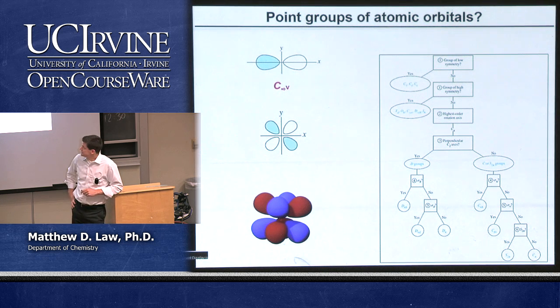What about the d orbital here? So this is an object, right, with 4 lobes of alternating sign, right? This could be positive and that's negative, so this is positive, negative in the xy plane. So what's our principal axis in this case?